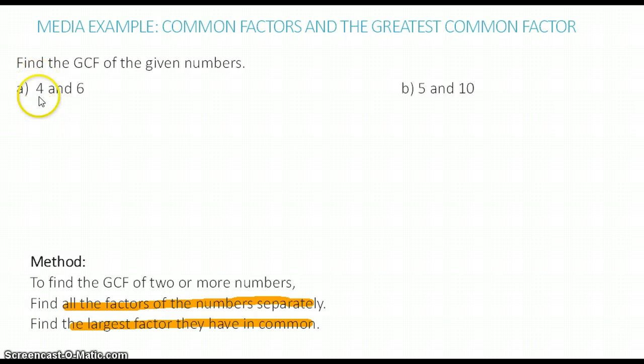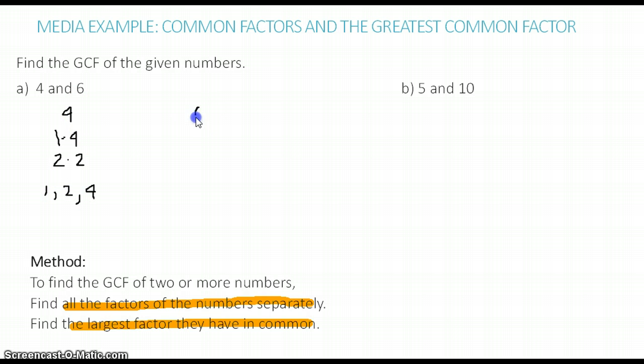So let's find all the factors of 4. Well, using our factor pair method, we know 4 is 1 times 4 or 2 times 2. That's as high as we have to check, so the factors of 4 are 1, 2, and 4.